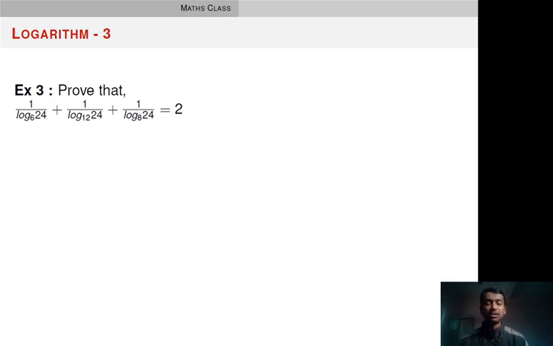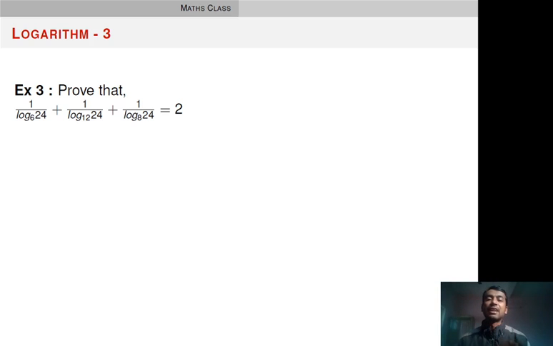Let's see another question. Prove that 1 upon log 24 base 6 plus 1 upon log 24 base 12 plus 1 upon log 24 base 8 is equal to 2. Again here you can observe that the log functions have different bases, and this is the key parameter to identify whether change of base formula will be useful or not.